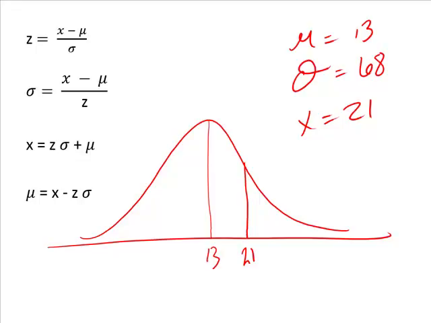You're not subtracting numbers, you're finding the z-score. Okay, so I got to find the z-score for what? For 21. So let's find what this z-score is, which I do by subtracting 13 from 21, divided by 68. Which gives you 0.11.